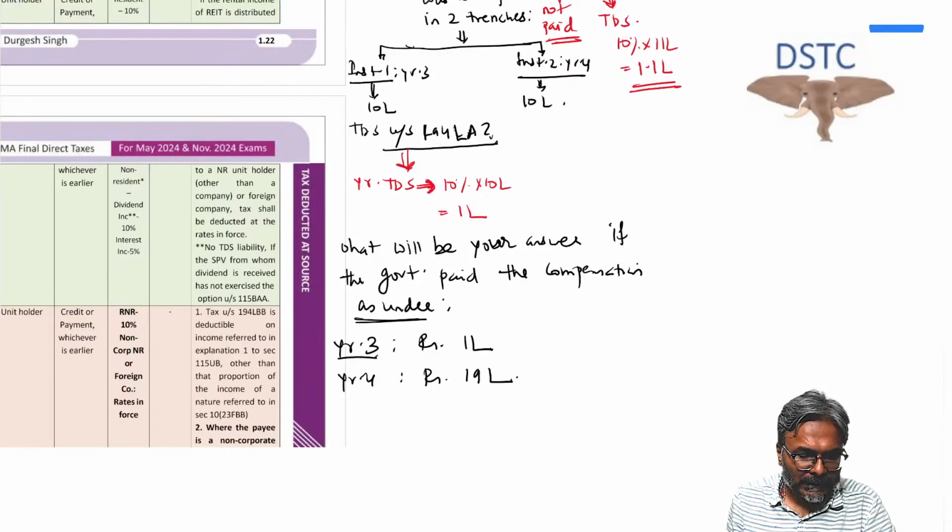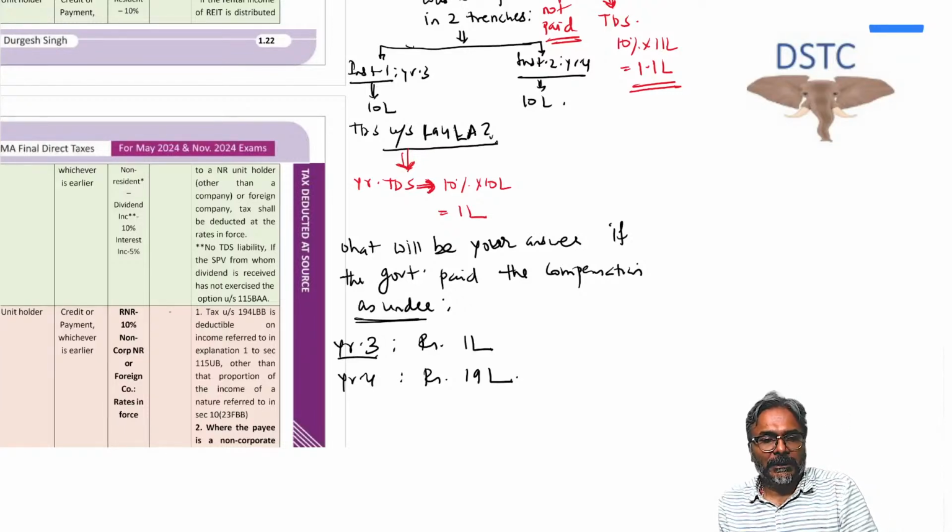So what will be your answer if the government paid the compensation as under? Year 3 it is rupees 1 lakh and year number 4 it is rupees 19 lakhs. So now what will be the scenario in this particular case, students? Quickly! Srinath.